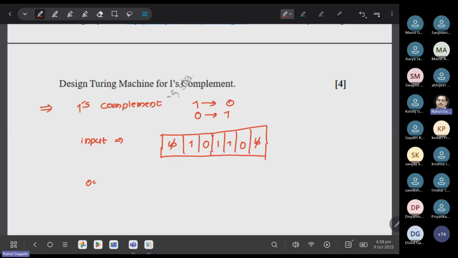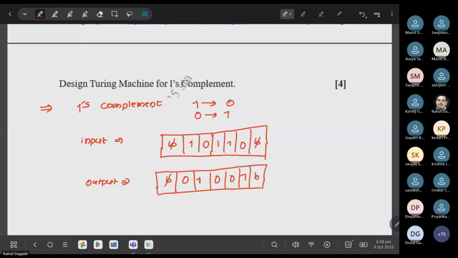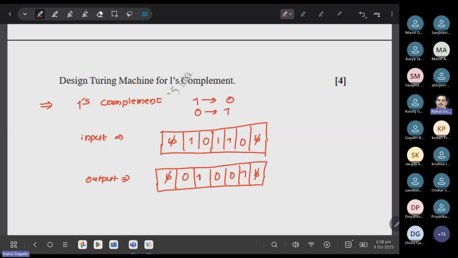What is the expected output? It is the one's complement. So the expected output is that 1 is converted into 0, and 0 is converted into 1: 0, 1, 0, 0, 1, and blank. So this is the output.